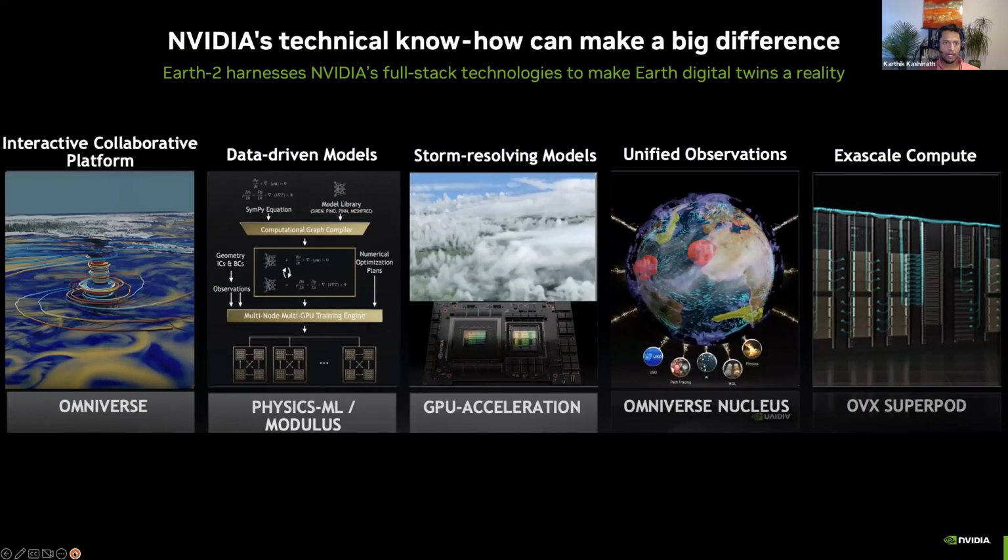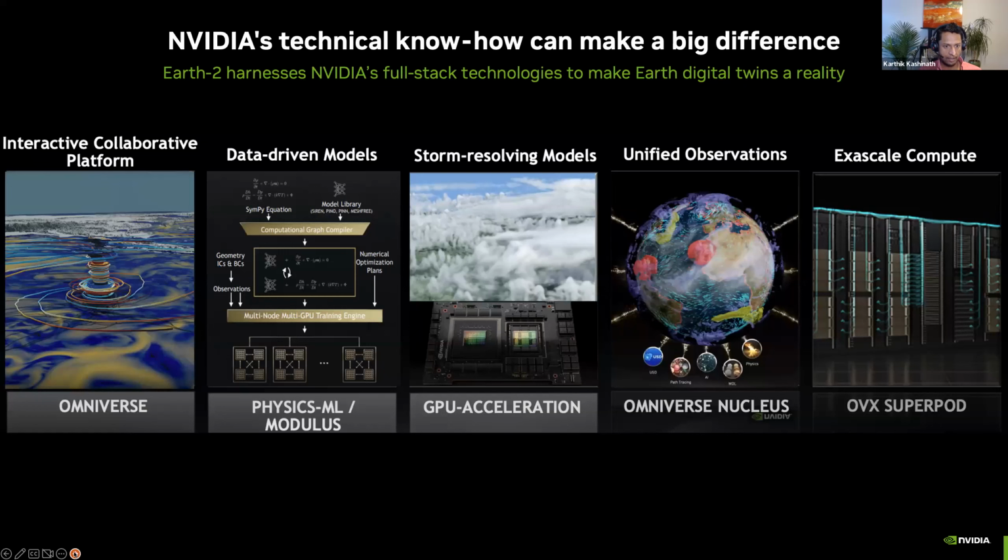So our CEO, Jensen Huang, was inspired by this project and said, well, we have the technical know-how to make a big difference to this global effort towards building digital twins, using the full stack technologies that NVIDIA has. The first is an interactive collaborative platform that we're building called Omniverse. It's not just for climate science, but for a wide range of applications.